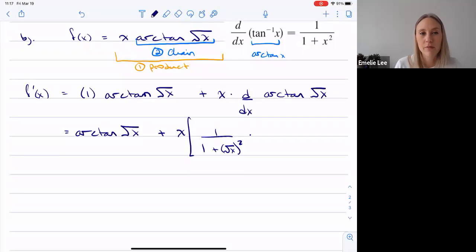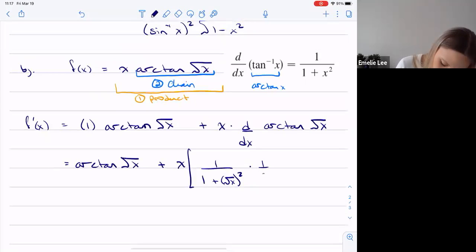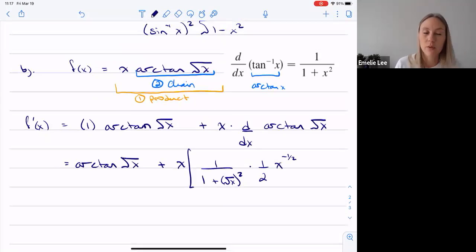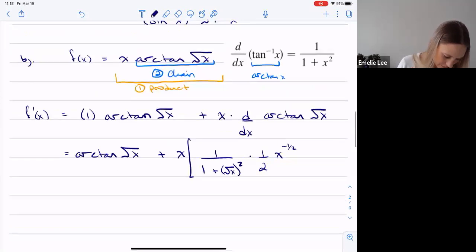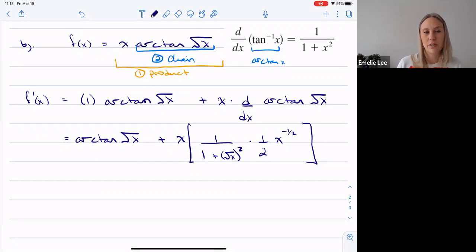Times the derivative of the inside, so root x is 1/2 x to the negative 1/2, right? 1/2 minus 1 is negative 1/2. So now I have that derivative of arctan root x.